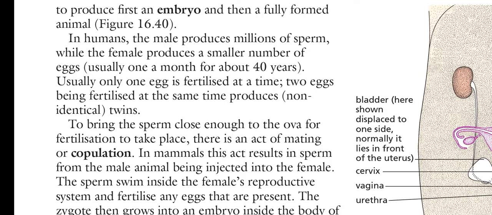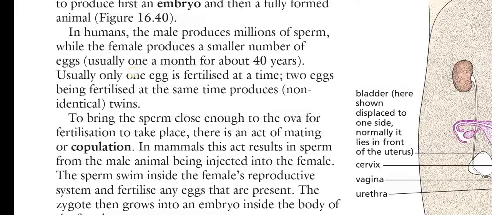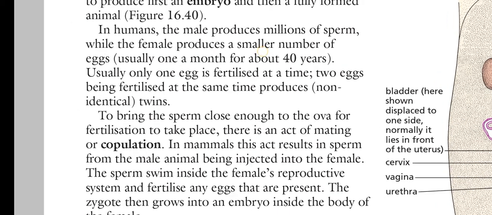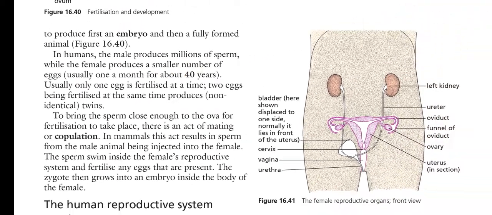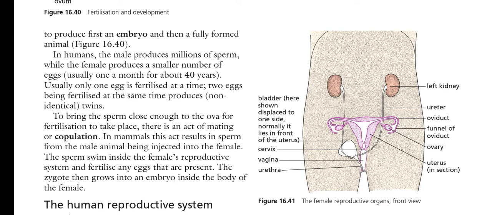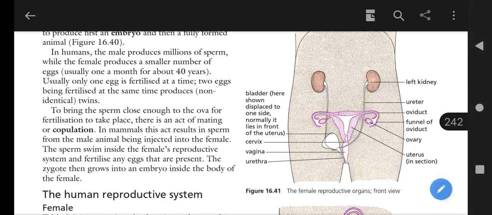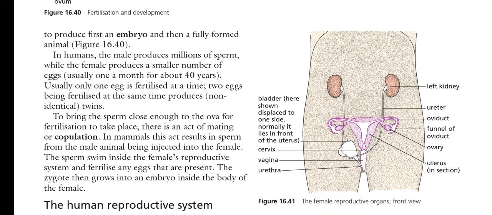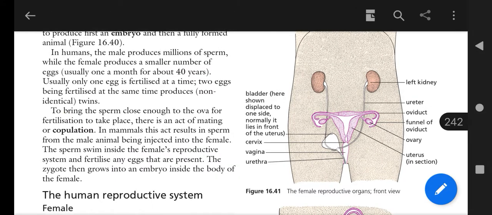In humans, the male produces millions of sperms, while the female produces a smaller number of eggs, usually one a month for about 40 years. After 40 years, there will be no production of eggs, and this condition is called menopause. Usually only one egg is fertilized at a time. Two eggs being fertilized at the same time produce non-identical twins.